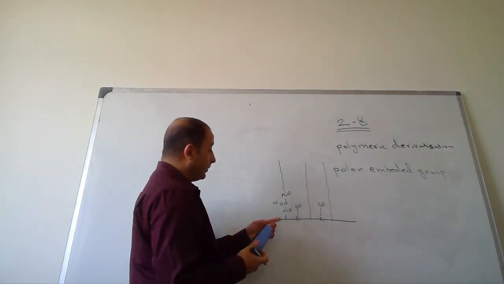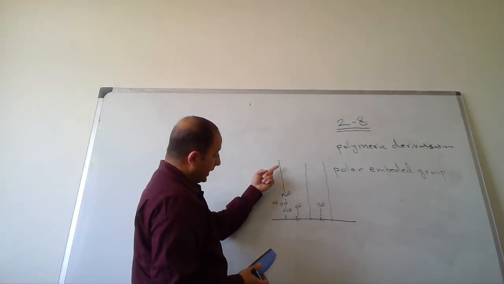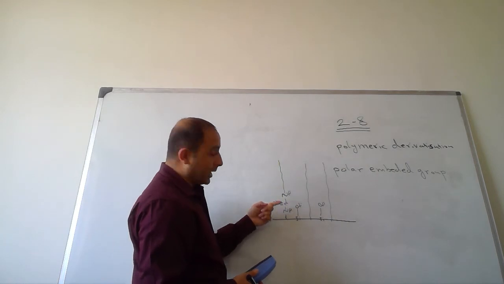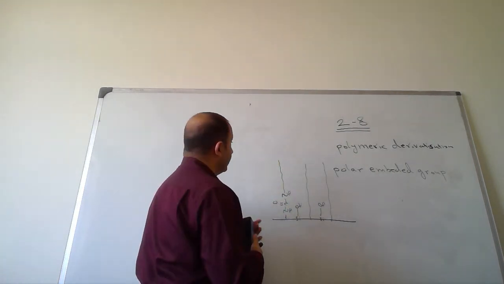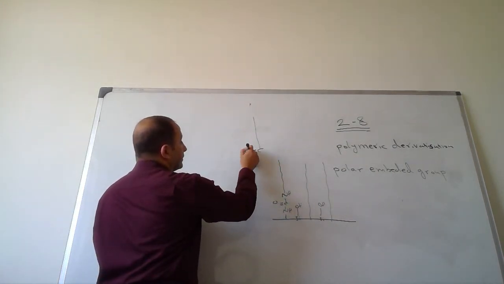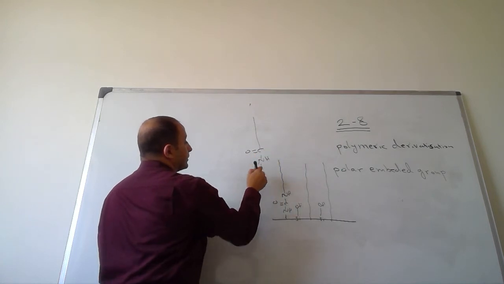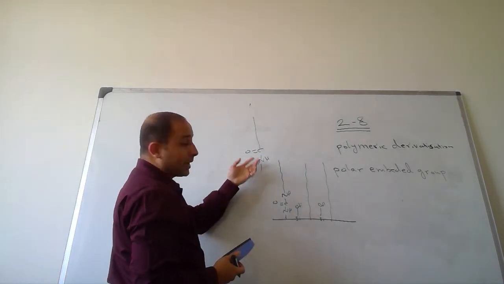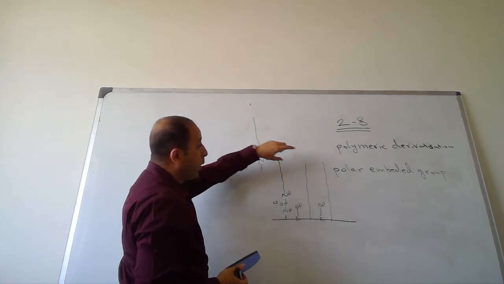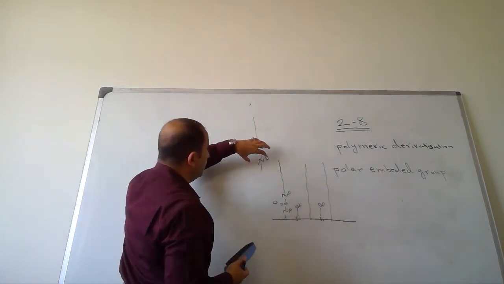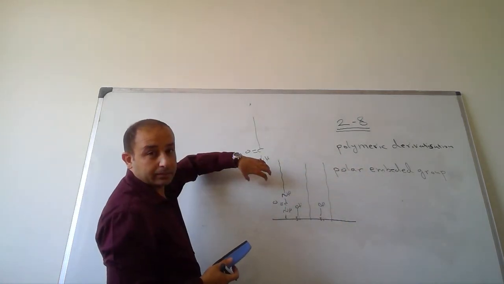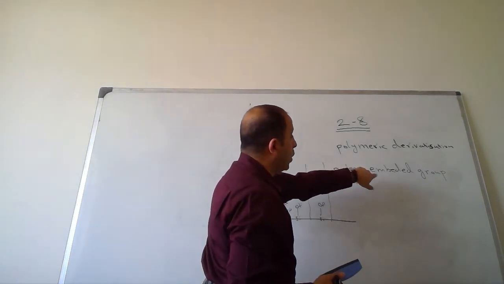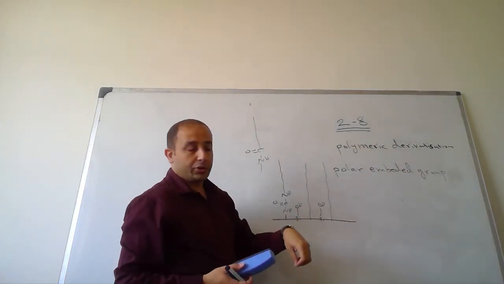Now, in addition to hydrocarbons, urea or just amide like this will be a polar group, part of the hydrocarbon. That's why we call it polar embedded group technology.